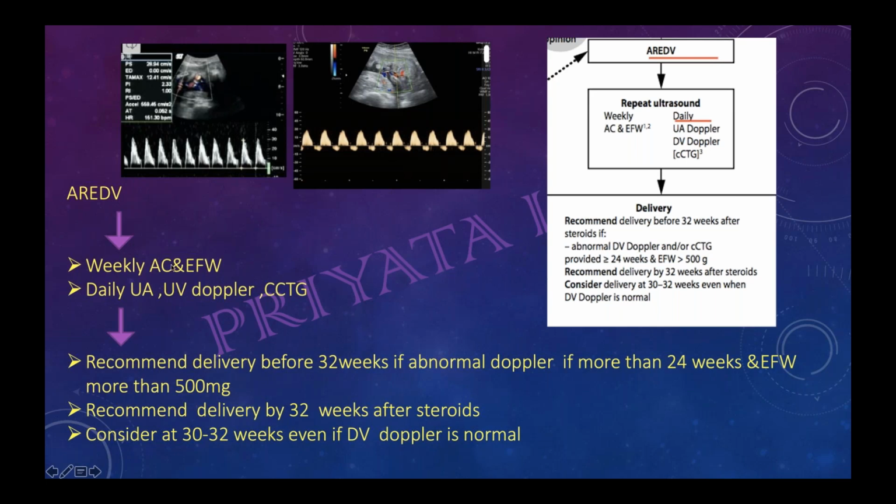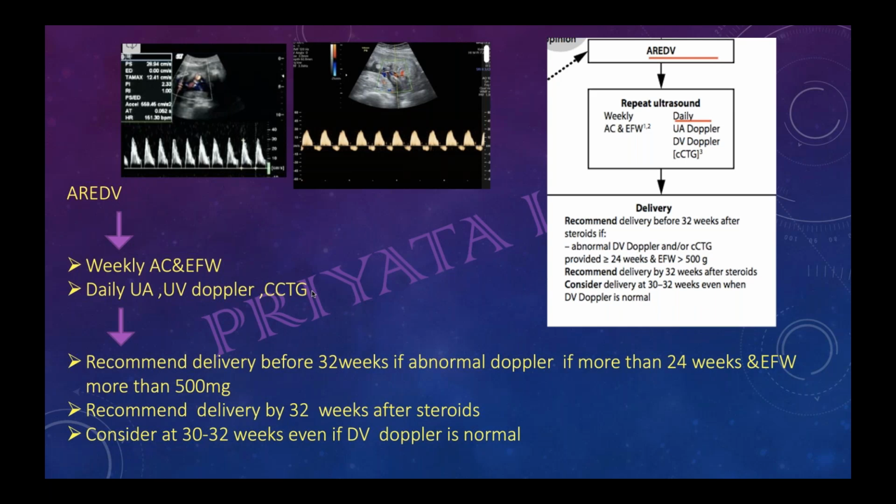And you will do her Doppler daily: UA Doppler, UV Doppler, and you will do CTG, that is the computerized CTG. And as you are doing daily Doppler, you can't let this baby grow more.